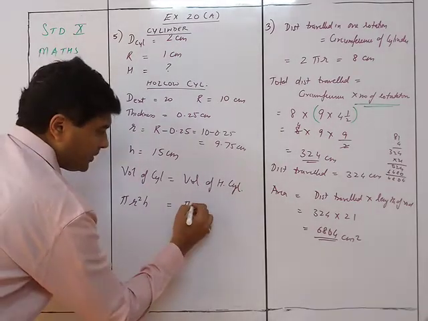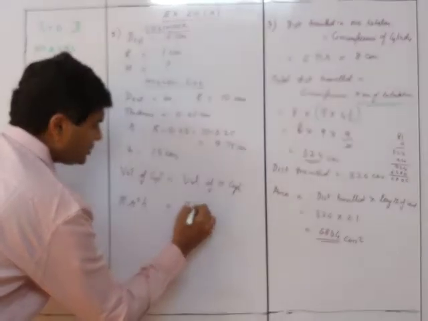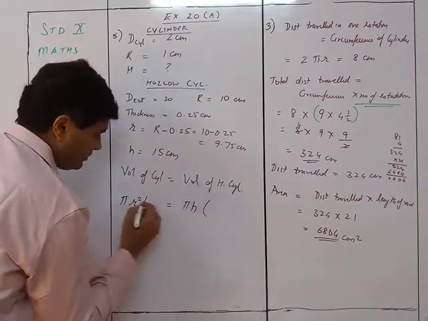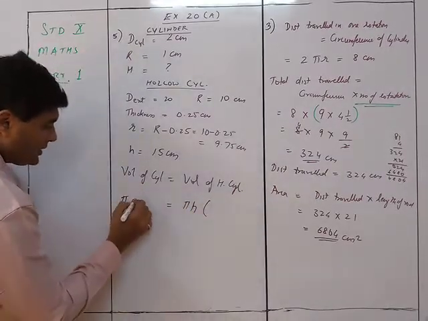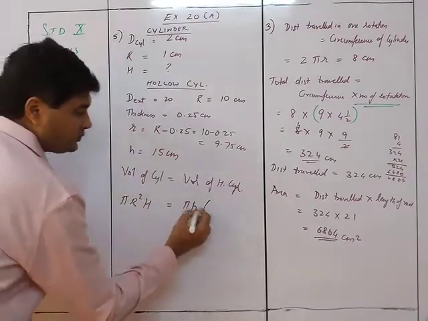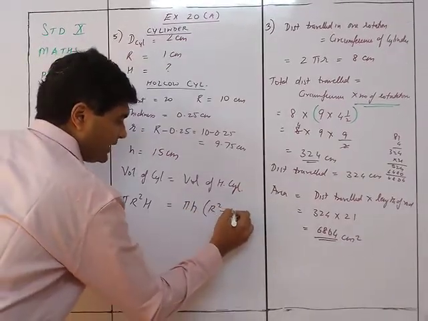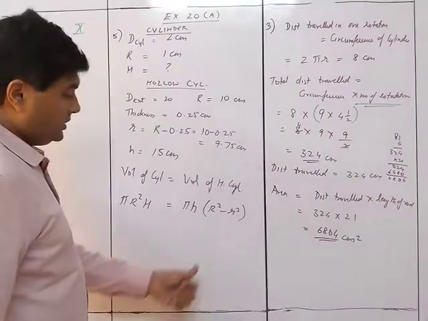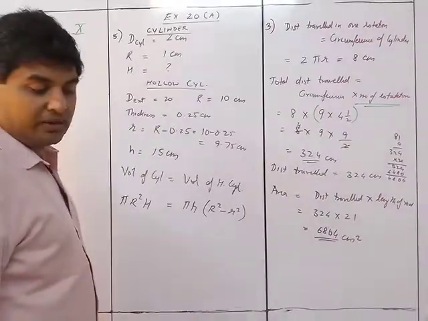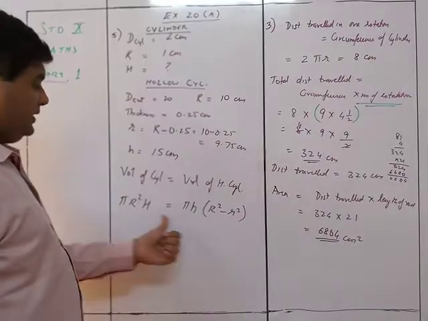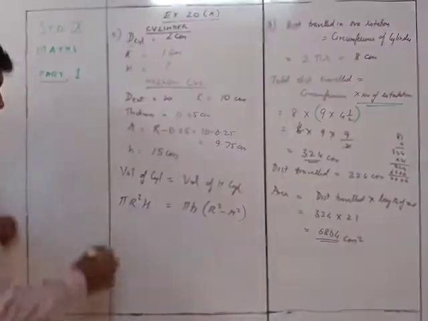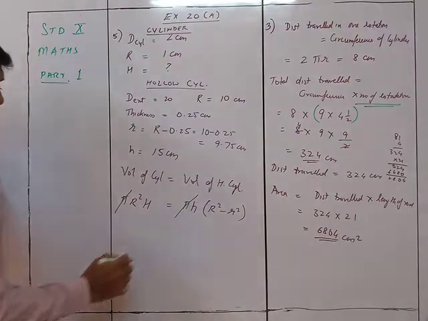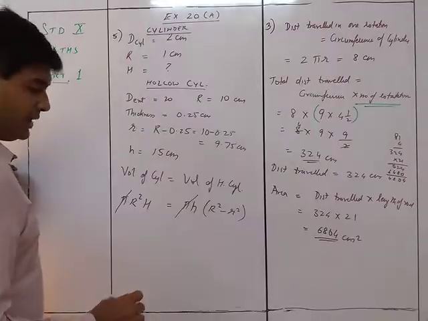We'll take this as capital R square h. This is pi h into R square minus r square. So this is the volume of the hollow cylinder. This is the volume of the cylinder. Pi will get cancelled.